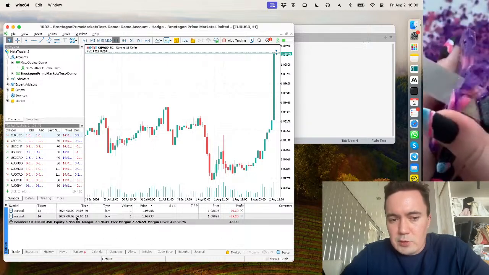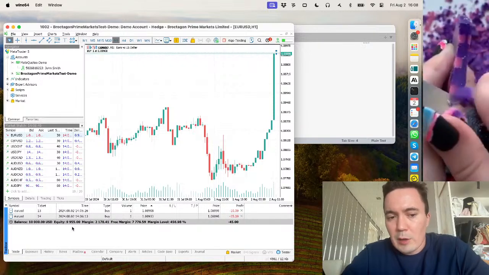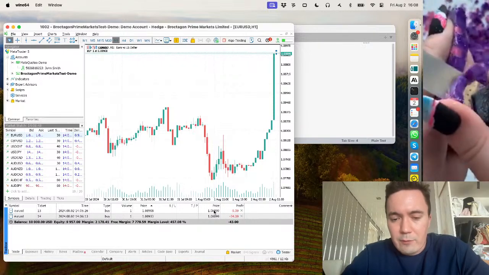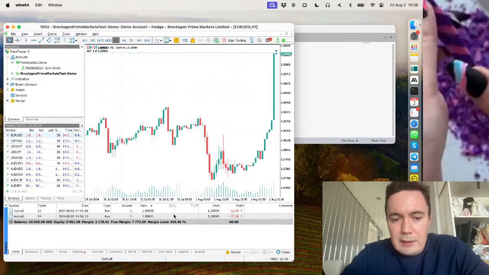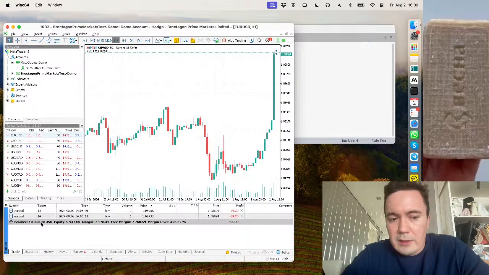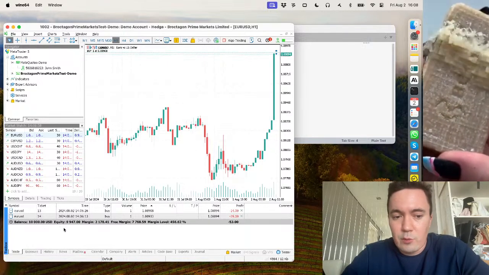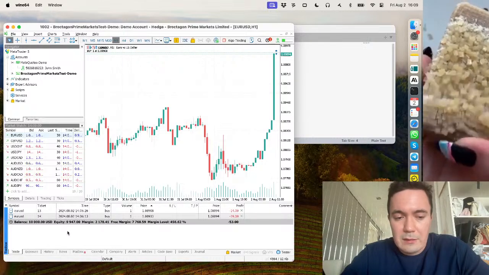But this is the closest we can have to the actual amount of money we have. So if we have a lot of losses, our equity will be much smaller than the balance, and it will reflect the reality that we have less money.